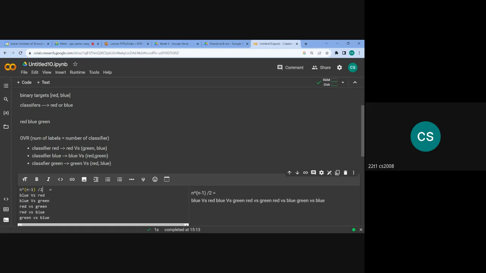No, n into n minus 1 will be 3 into 2, 6. We created 5, minus 1. If anybody remembers the formula, you can skip this. You recall N and you have to choose R, something like nCr, if you are familiar with that.